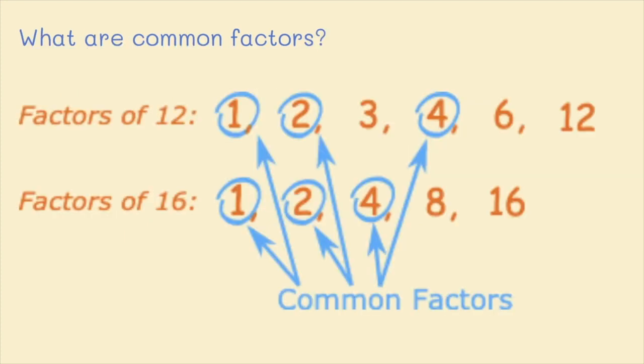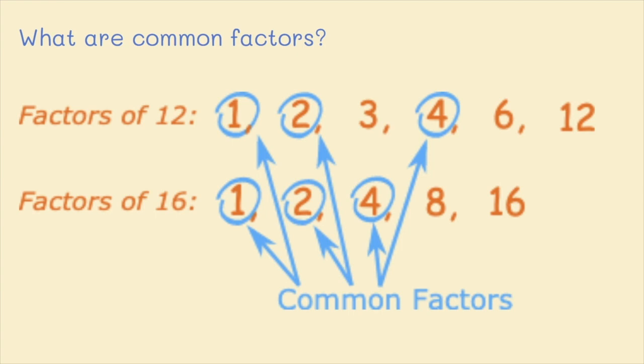When we're talking about highest common factors, we need to understand what common factors are. When we're thinking about common factors, we're thinking about the factors of two different numbers. Like in the example here, we're thinking about the factors of 12, and we can list all of them. And then we're thinking about the factors of 16, a different number, and we can list all of them as well. Common factors are factors that they both have.